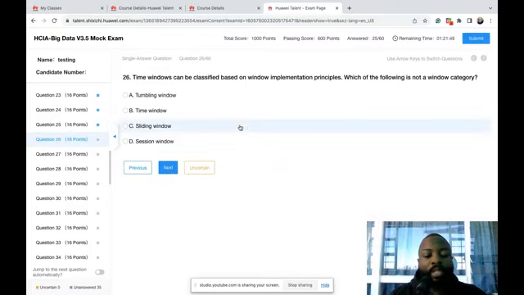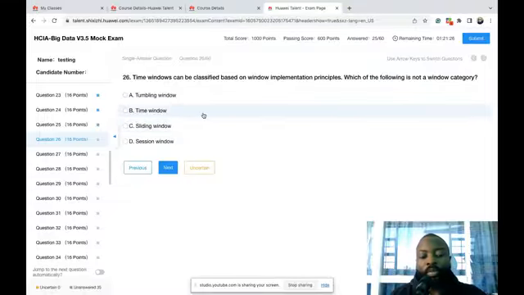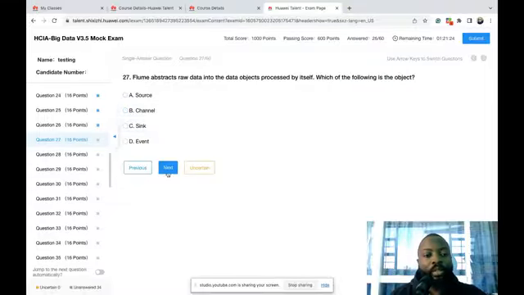Time window can be classified based on window implementation principle. Which of the following is not a window category? Yeah. Flume abstracts raw data into the data object process by itself.